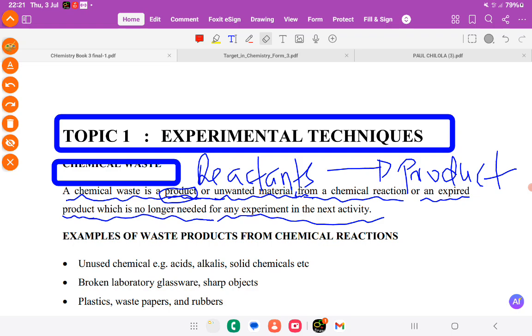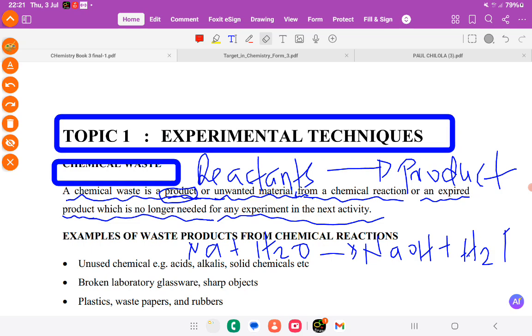For example, if you react sodium metal with water, the product is sodium hydroxide and hydrogen gas.